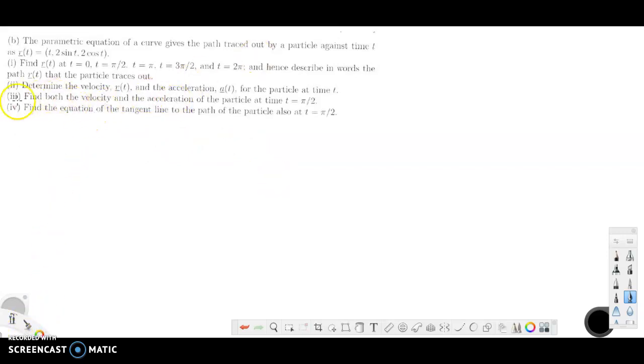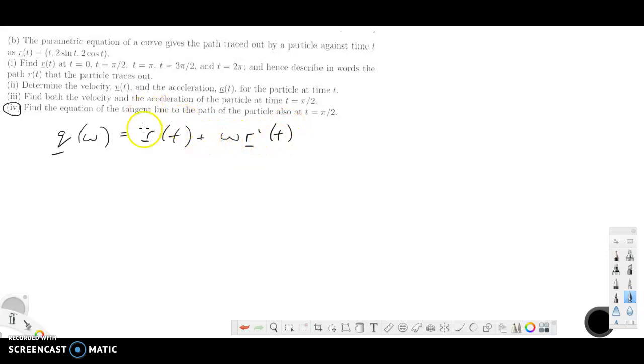Part 4 here, find the equation of the tangent line to the path of the particle also at t equals pi over 2. Well, something like this: Q omega equals this guy plus omega times the first derivative.